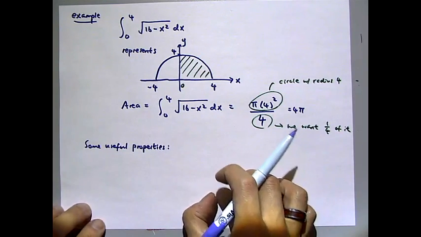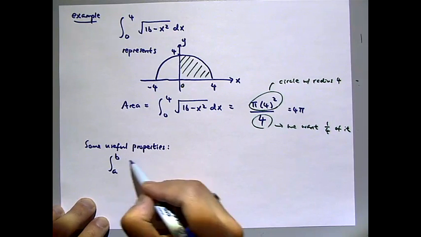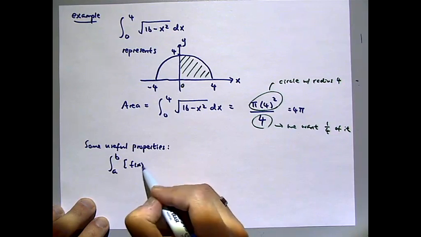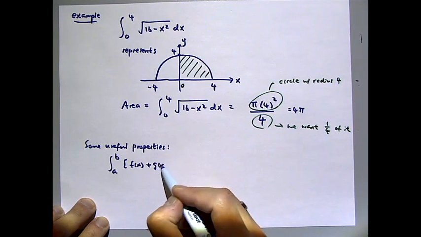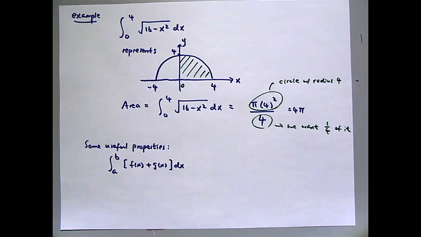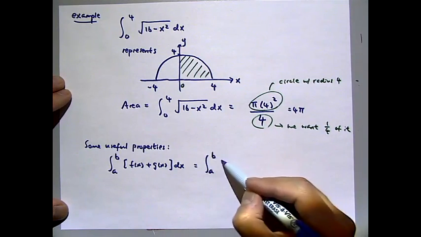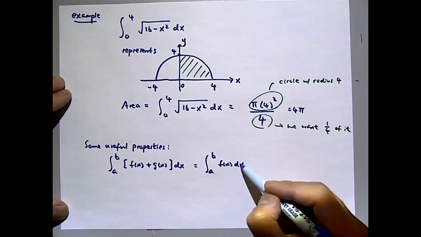There's some useful properties that you want to know. If you're looking for the area underneath f plus g altogether, it turns out that you can just find the area under each one of them separately.